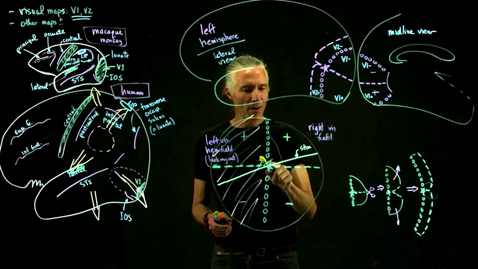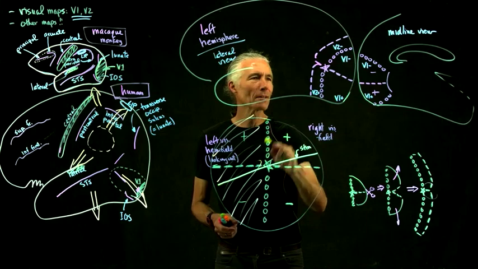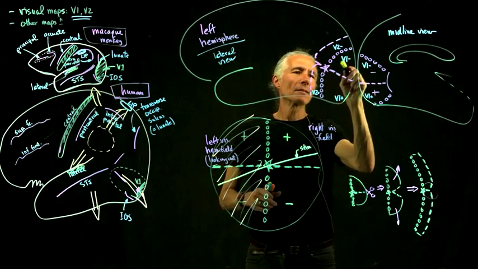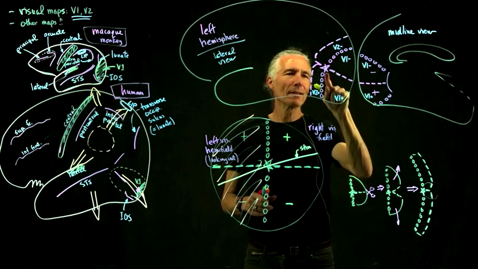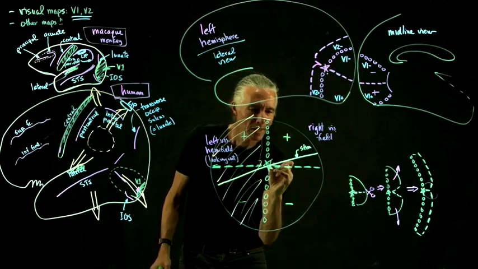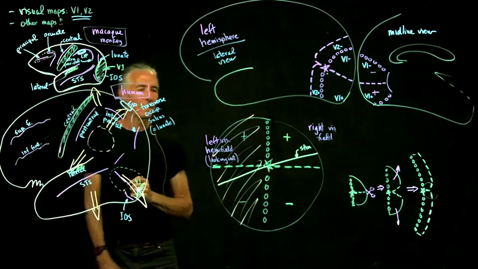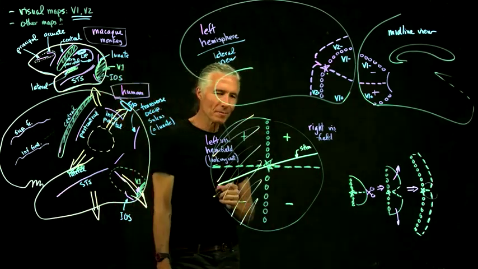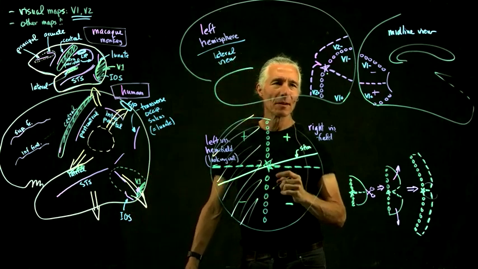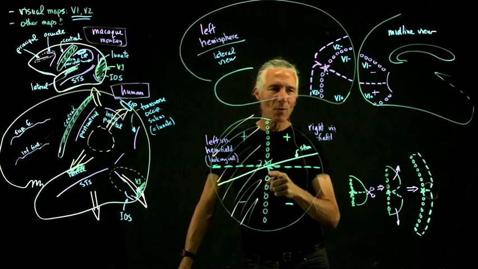So where are we? We're in the upper field, in the plus, near the star. So let's go to this map over here. Where's the plus? Here's the plus down here near the star. So that means we're about there, because we're going to start right here near the star. Now that's all well and good, but there's one critical thing to remember. What's near the star is where the fovea is, where there's a very high density.